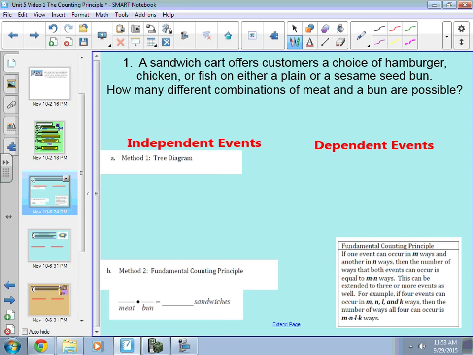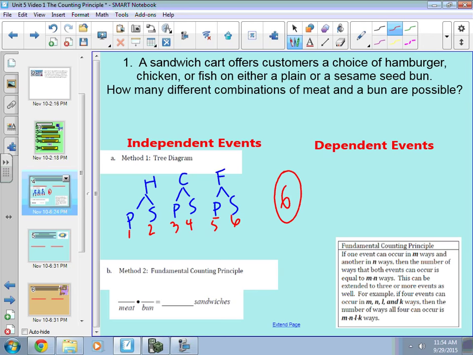So we have hamburger is one possibility, chicken's another possibility, fish is another possibility. And then each sandwich you could have either a plain or sesame seed bun. So if we do plain or sesame for each one, we can see now, counting up, that there is 1, 2, 3, 4, 5, 6 total possibilities.